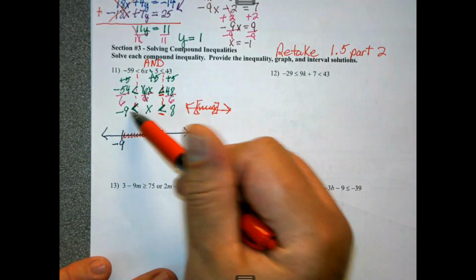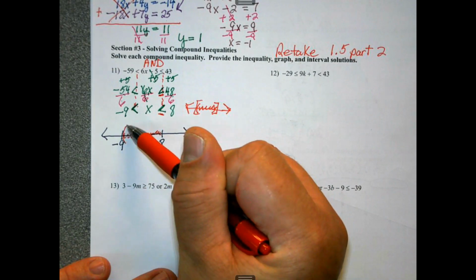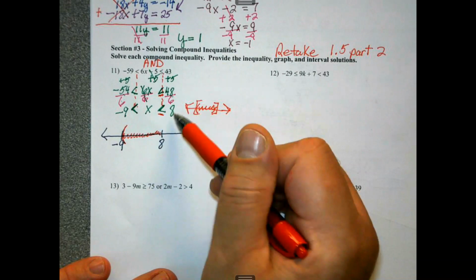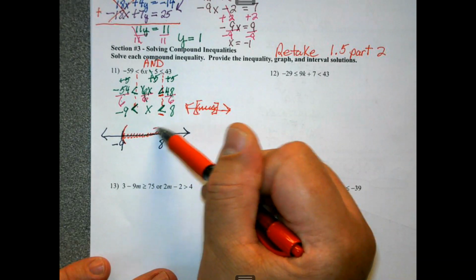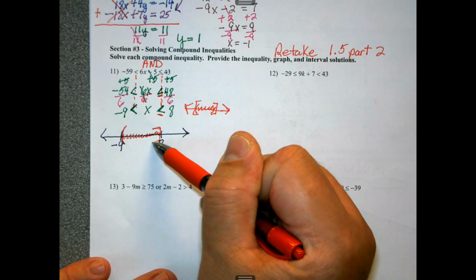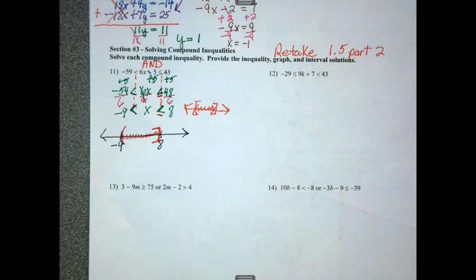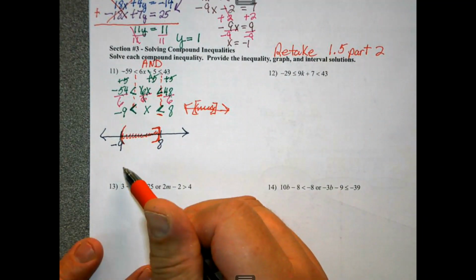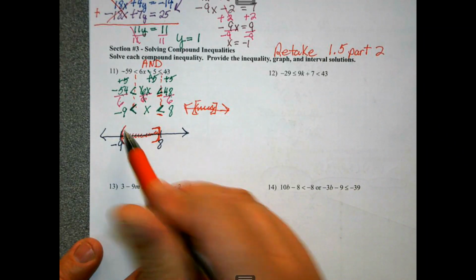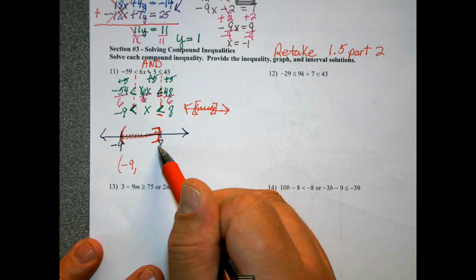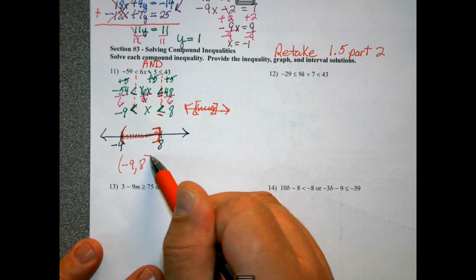Okay, negative 9 gets a parenthesis because there's no equal sign. The 8 does get a parenthesis. I'm sorry, bracket because it has an equal sign. Interval notation: parenthesis, negative 9, comma, 8, bracket.